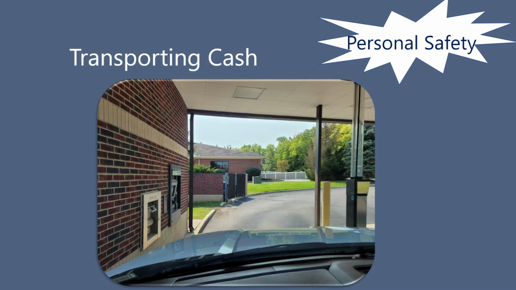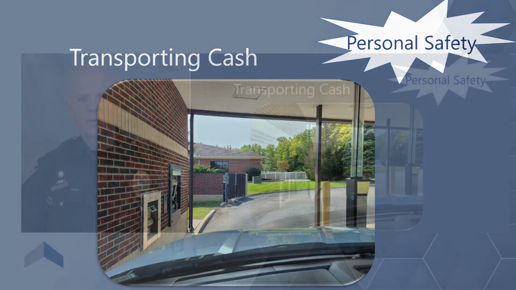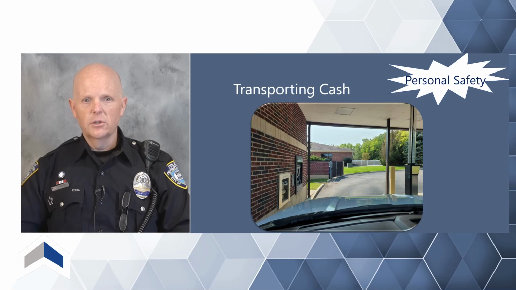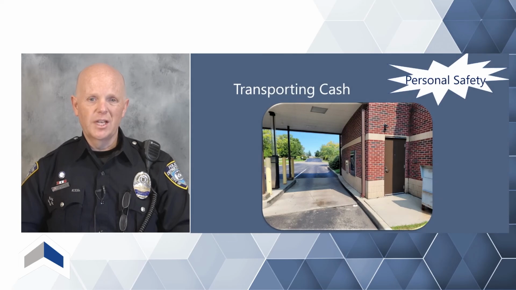This drive-through is no different than any other bank, but take the time to drive around the lot, especially if it's dark, before you drive up to that night deposit window. Take a few minutes to see if there's anybody lurking about, or any cars sitting around with people in them that don't really have a reason to be there. Do everything you can to make sure that it's safe before you approach that window.